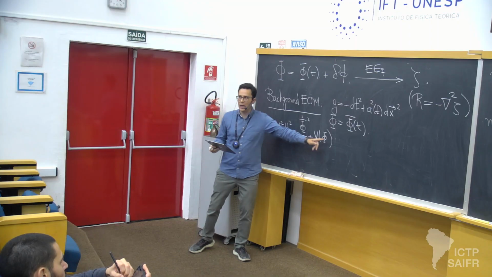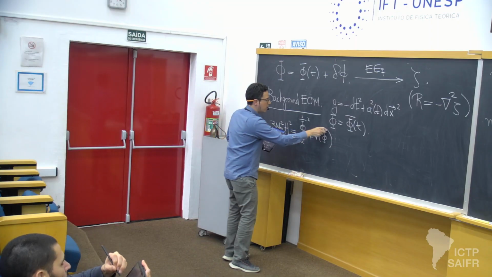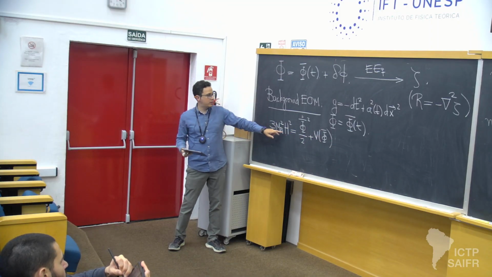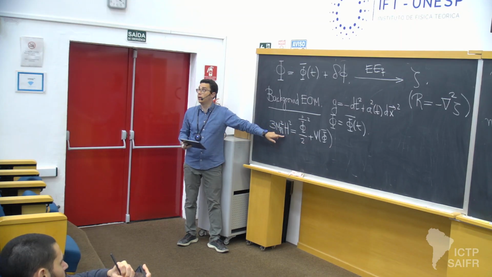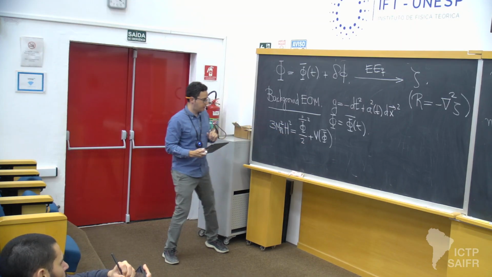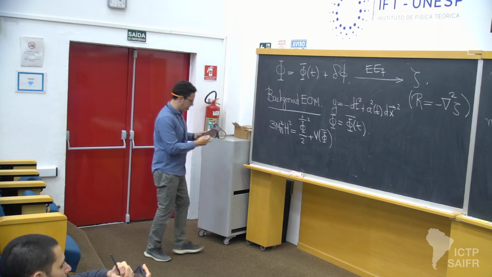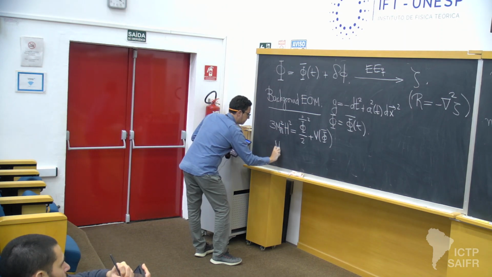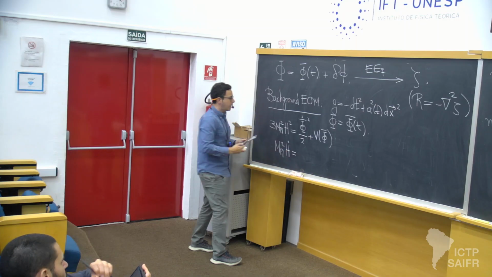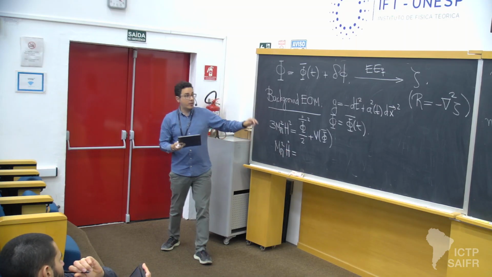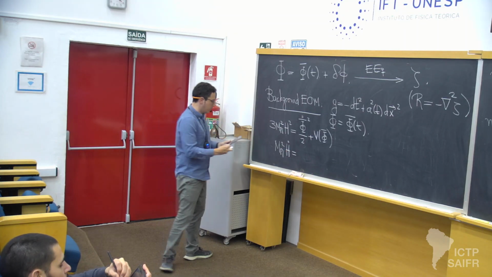The kinetic energy plus the potential energy of the scalar field source the overall energy of the universe that drives its expansion. Okay? And Hubble is changing over time because the scalar is rolling down the hill.